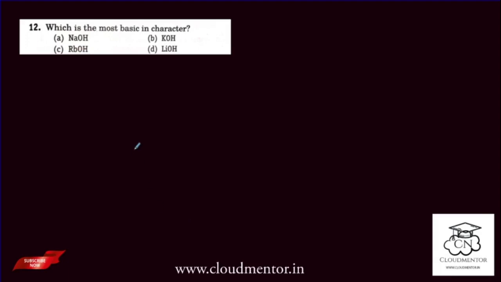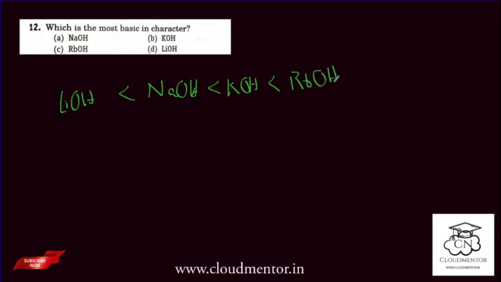So the order is that lithium hydroxide is less basic than sodium hydroxide, then KOH, then RbOH. So option C is the right answer, which has the most basic character.